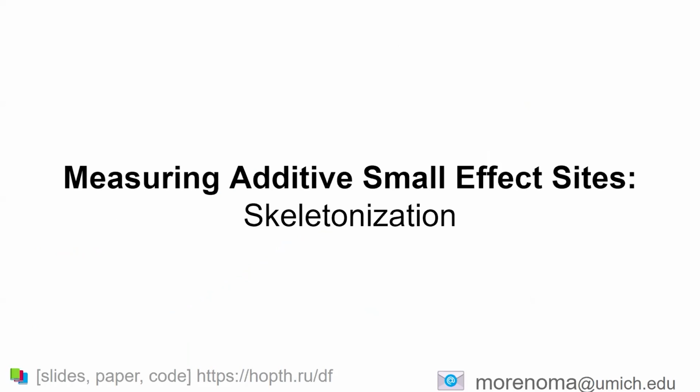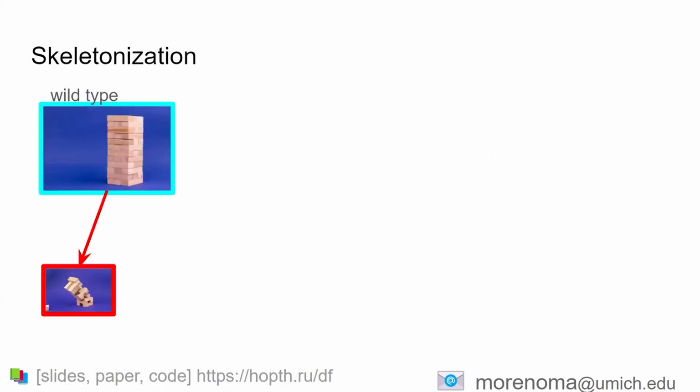The next approach that we're proposing is trying to go beyond just looking at these additive small effect sites and more holistically detect both additive sites and sites that might be contributing to cryptic sequence complexity because of redundancy. What we propose to do here is a sequential knockout process where we start with the wild type genome and we start trying knockouts on it.